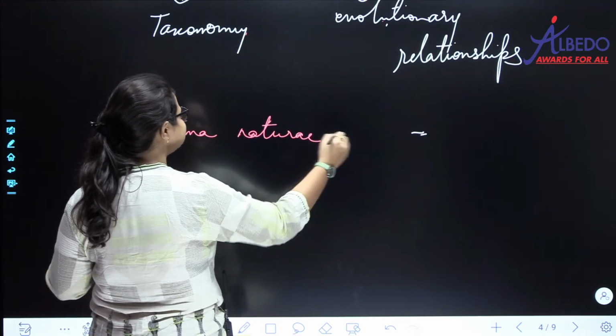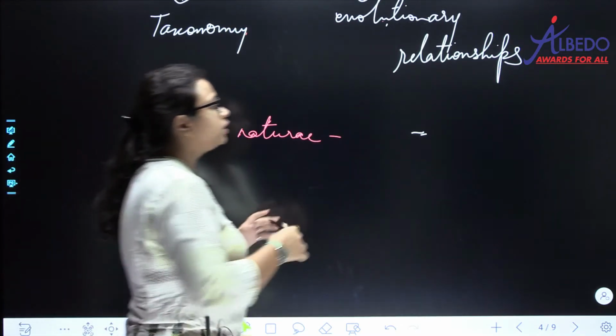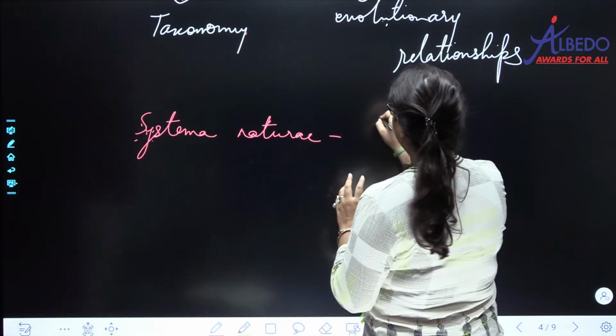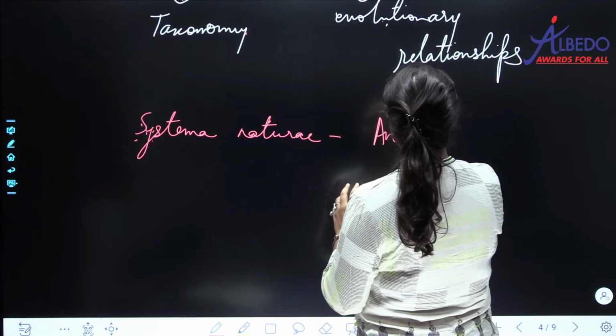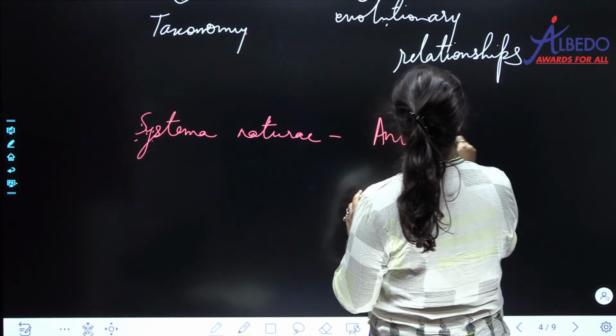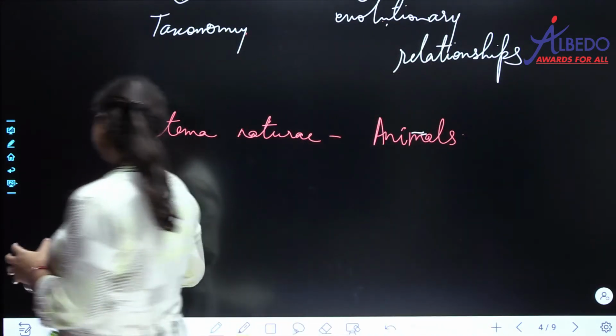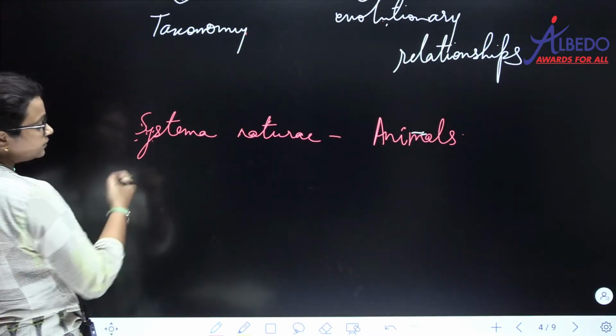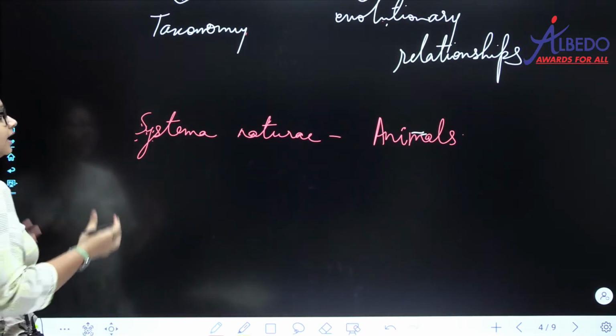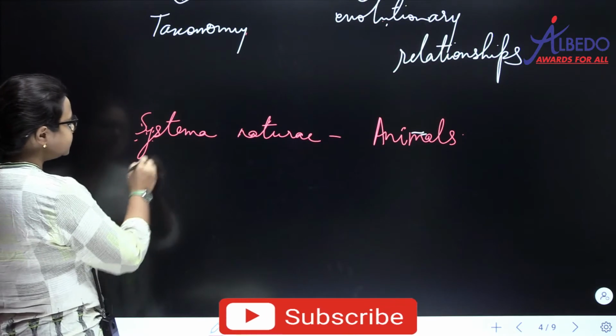And this Systema Naturae was the book for systematics for animals only. This was for animals. And there was another book which he wrote, which is not mentioned in your NCERT, and that is called Species Plantarum.